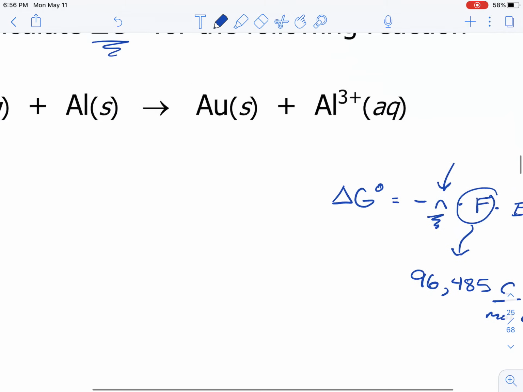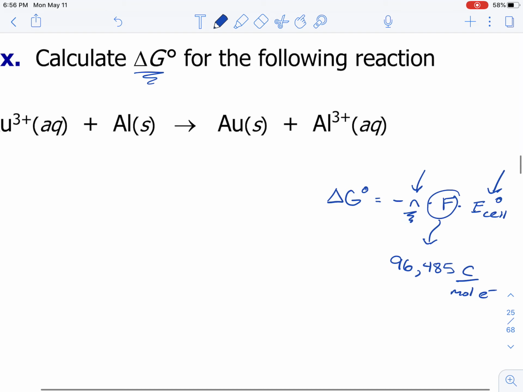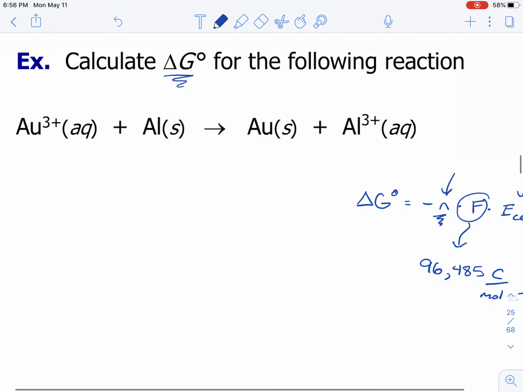And so notice that for this problem, I did not give you directly the standard reduction potential for each of these half reactions. What that tells you is that you need to figure out what is oxidized, what's reduced, and then use the standard reduction reference and find those values.